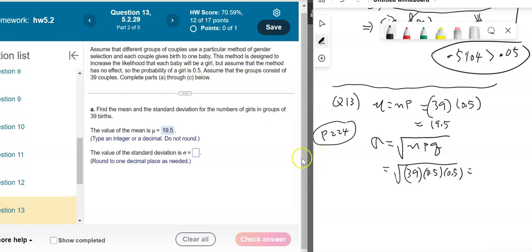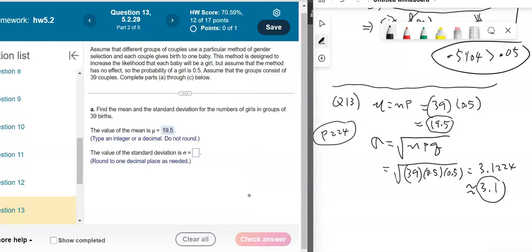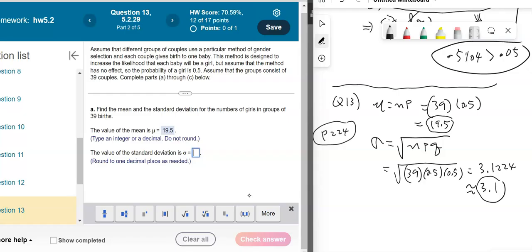So the square root of 39 times 0.5 times 0.5, which is 3.1224, approximately 3.1 to 1 decimal. All right, so I'm going to say 3.1.